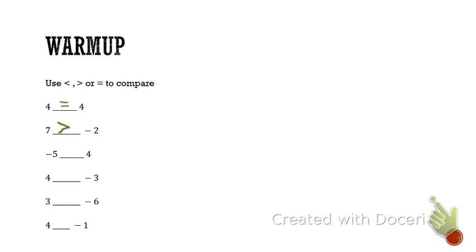All right, so -5 is less than. So again, my mouth is open towards the bigger number. What about 4? It's greater than -3, right? 3 and -6. 3 should be greater. And 4, -1. 4 should be greater. All right, so just getting into the practice of greater than and less than.